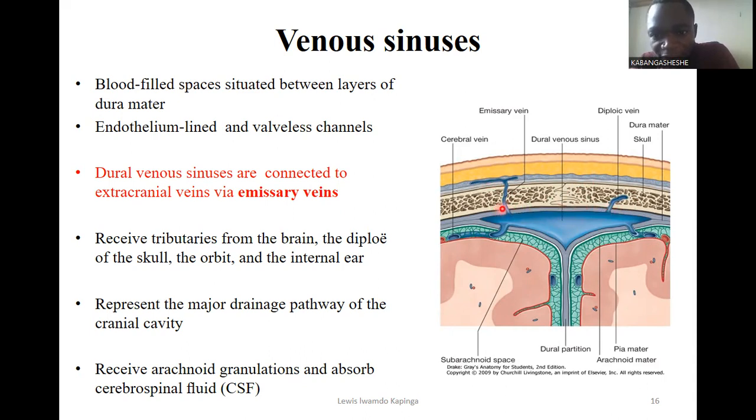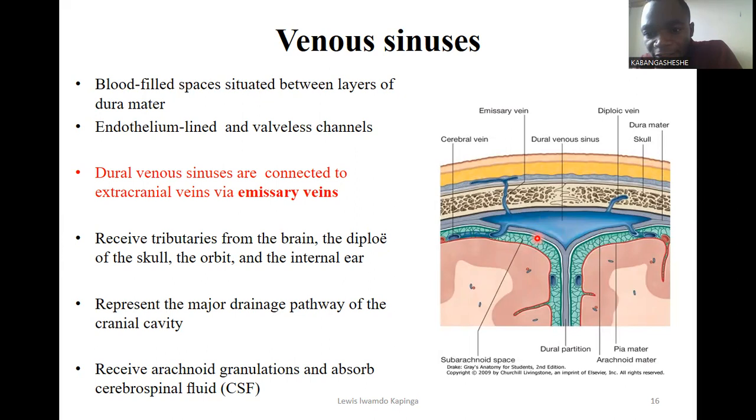We call these emissary veins. Emissary veins, more like messengers. Okay, so that simply means that there's communication between the blood vessels inside the skull and the blood vessels outside the skull. This is the skull, the bone itself. The veins communicate with each other.